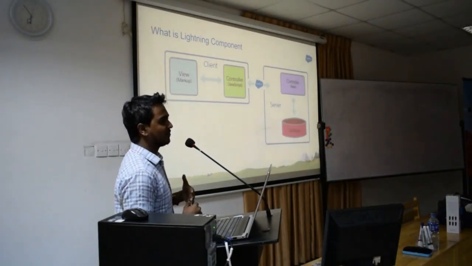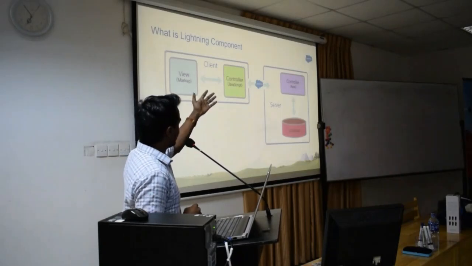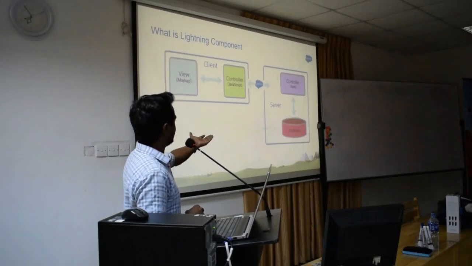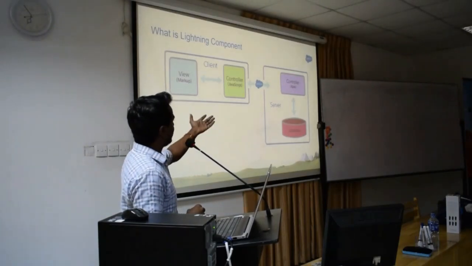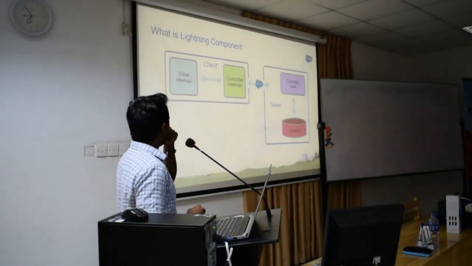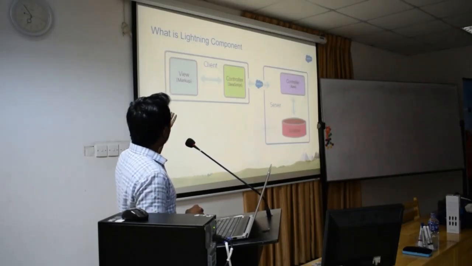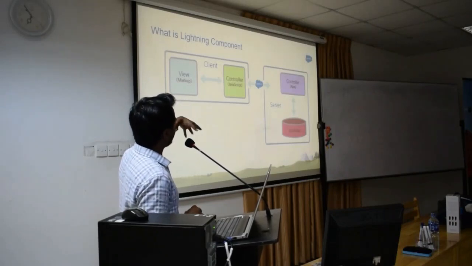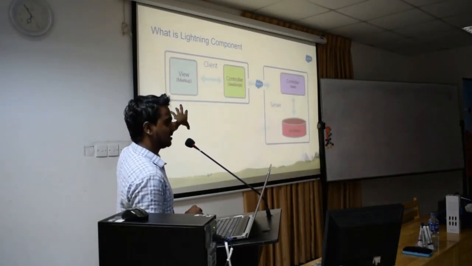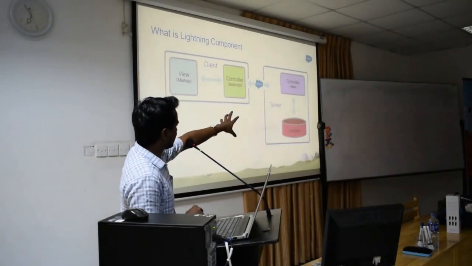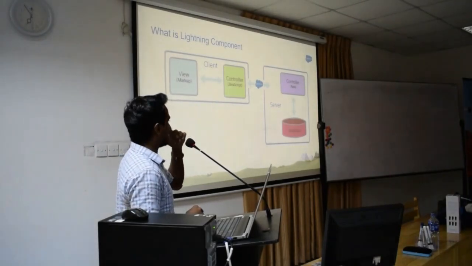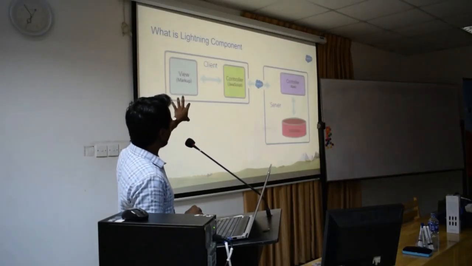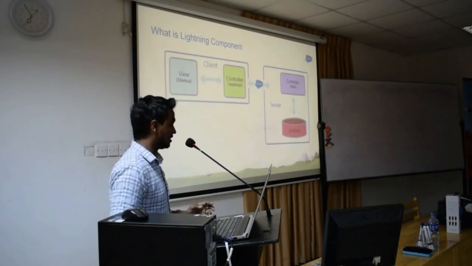We are on a cloud platform, and you can see we have the server, the normal database and application layer, and then you have the client, with the view and the controller for the client. Lightning is in this client part, and the server part is filled with Apex and the server side technologies. So we are talking about the client side, which is the most popular in this age.